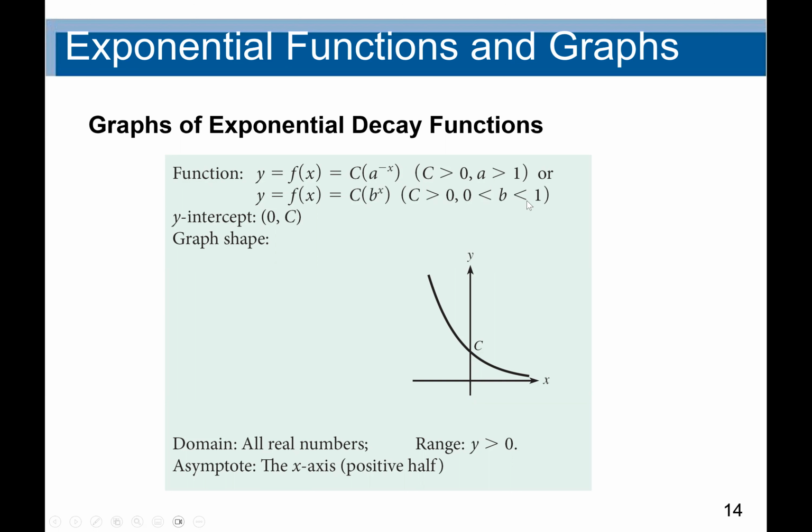It has to be greater than 0, but it cannot be greater than 1. It has to be less than 1. If it's greater than 1, then we are going to have an exponential growth function. So b should be greater than 0, but less than 1. If the x exponent is positive, we still have a decay function.